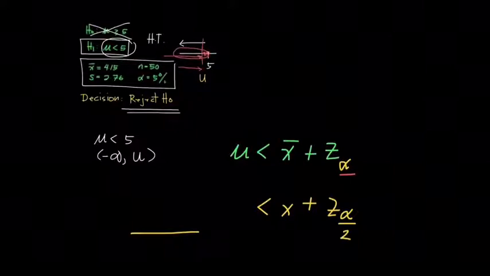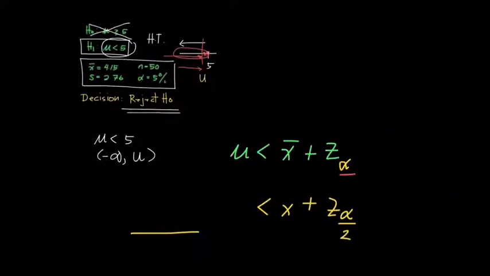So I need you to be careful with this. If you are doing a one-tailed test and you decided to use a one-sided confidence interval, make sure to preserve the alpha that you are going to use in obtaining the upper limit or the lower limit. This is a big difference to the two-sided confidence interval.